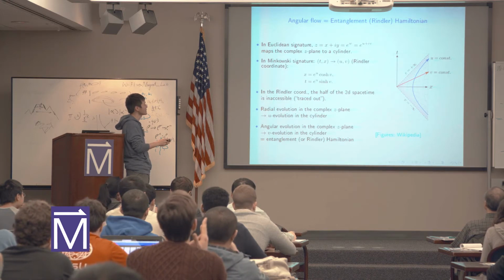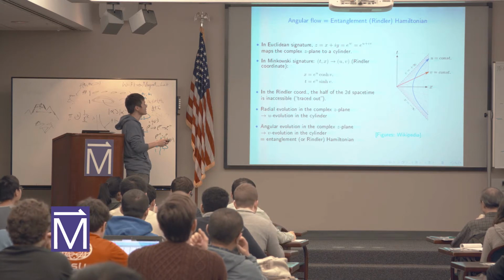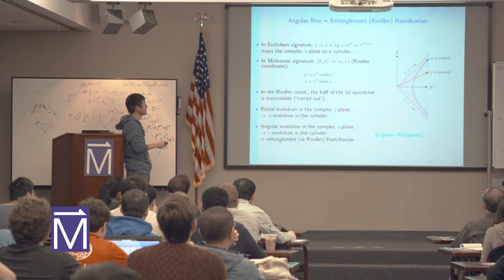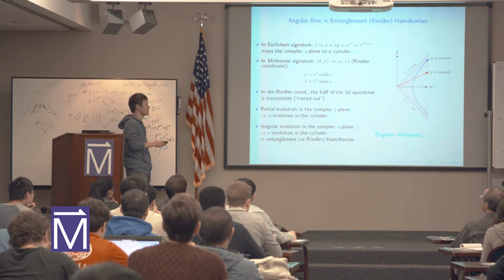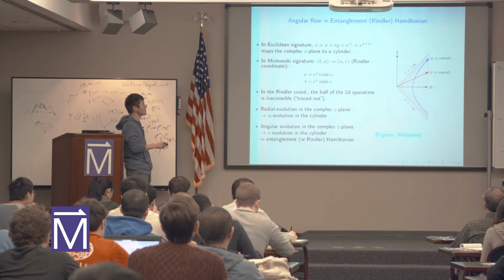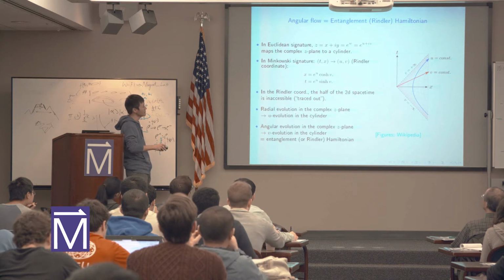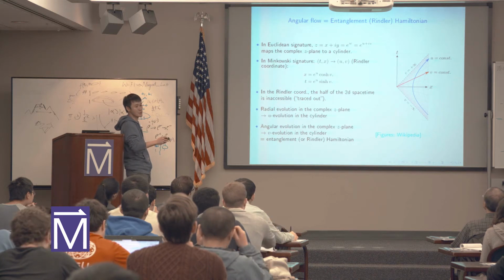So I send v to iv. That changes sine and cosine here into cosh and sinh, hyperbolic functions. Correspondingly, the circular flow, which I drew before, is turned into hyperbolic flow. So it's not closed anymore, but open trajectories.